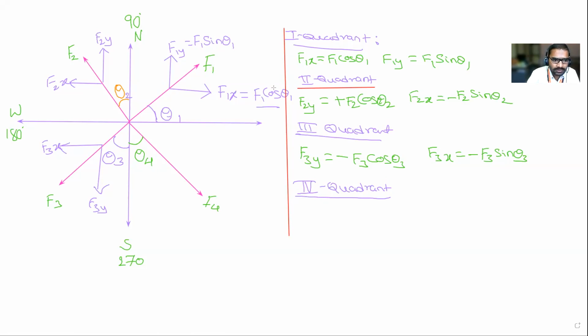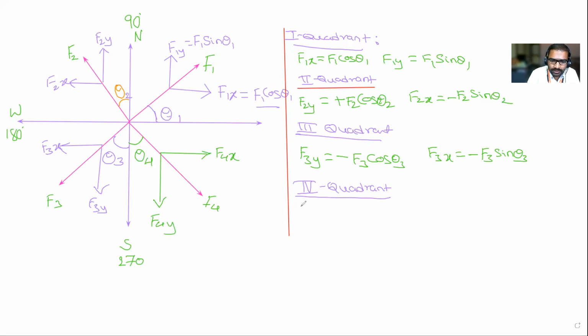The vertical is moving in the downward direction and the horizontal is moving in the horizontal direction. This is F4x and this is F4y.